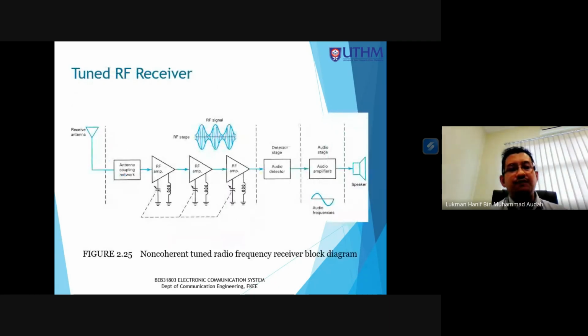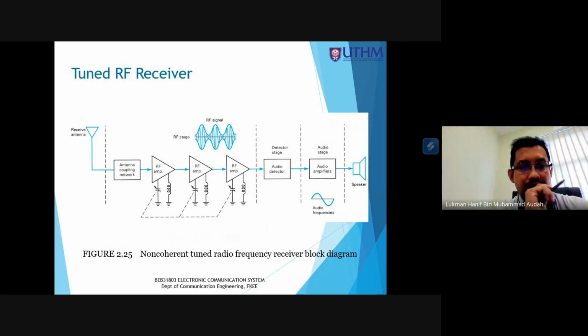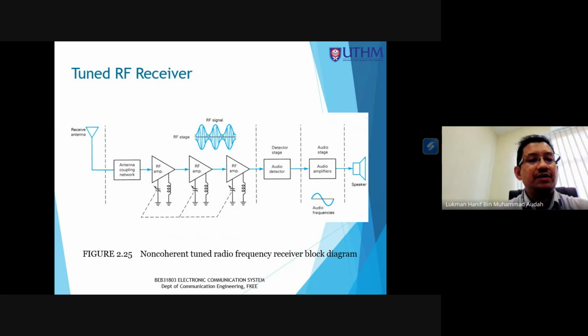This type of receiver we can see from here. There are a few sections in this tuned RF receiver. First of all, we can see the antenna.